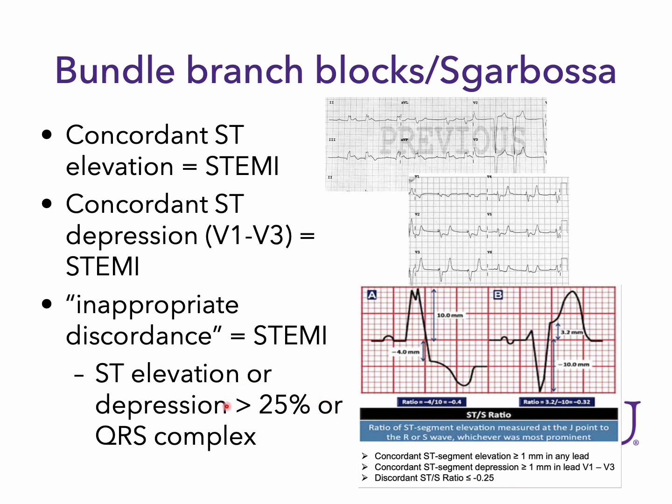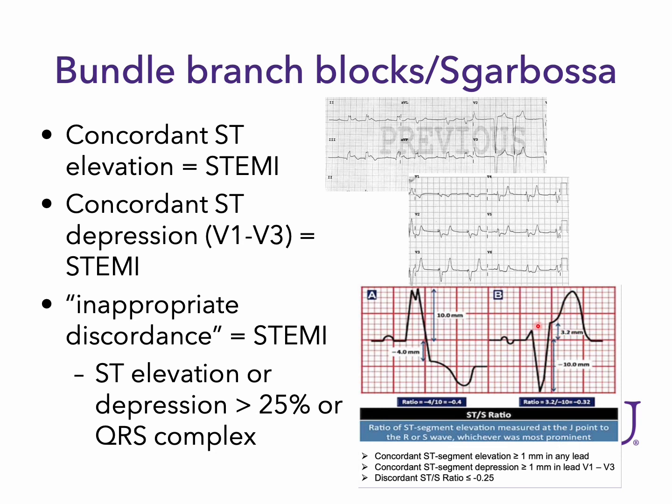It's greater than 25% of the QRS complex. So if this QRS complex here is 10 millimeters and this ST depression is 4 millimeters, that's greater than 25%. That is equivalent to inappropriate discordance and could be considered representative of a STEMI in the right context. Same here, our negative QRS complex is 10 millimeters.